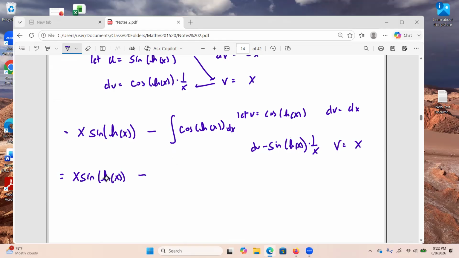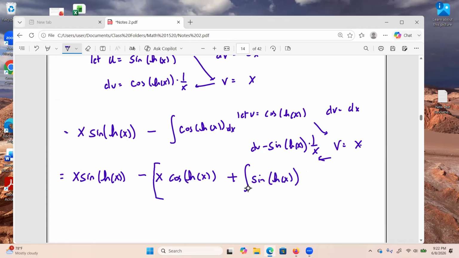So we have x sine natural log of x minus, and now we have this integral. Again, we're going to do our swish and flick here. So minus x cosine of the natural log of x, minus plus, because minus and negative, this negative sign with the sine is going to change. The x and the 1 over x are going to cancel. So we're going to say sine of natural log of x.